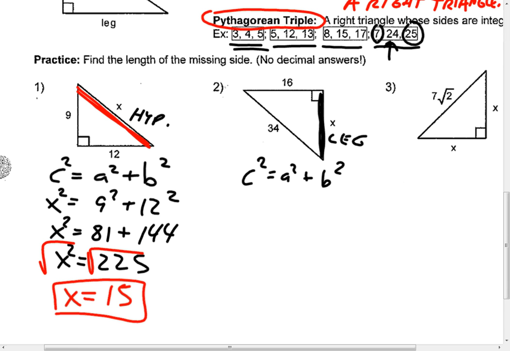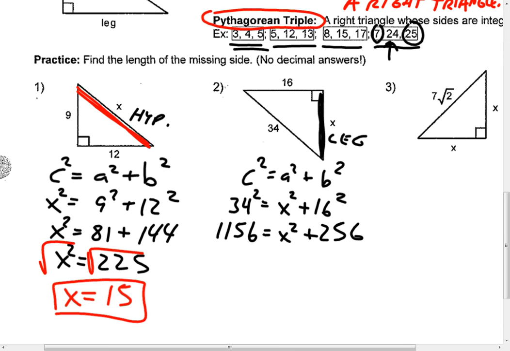What should be in for the c squared? 34. And then I've got x squared, and I've got 16. What's the extra step that is thrown in when you have to find a leg?